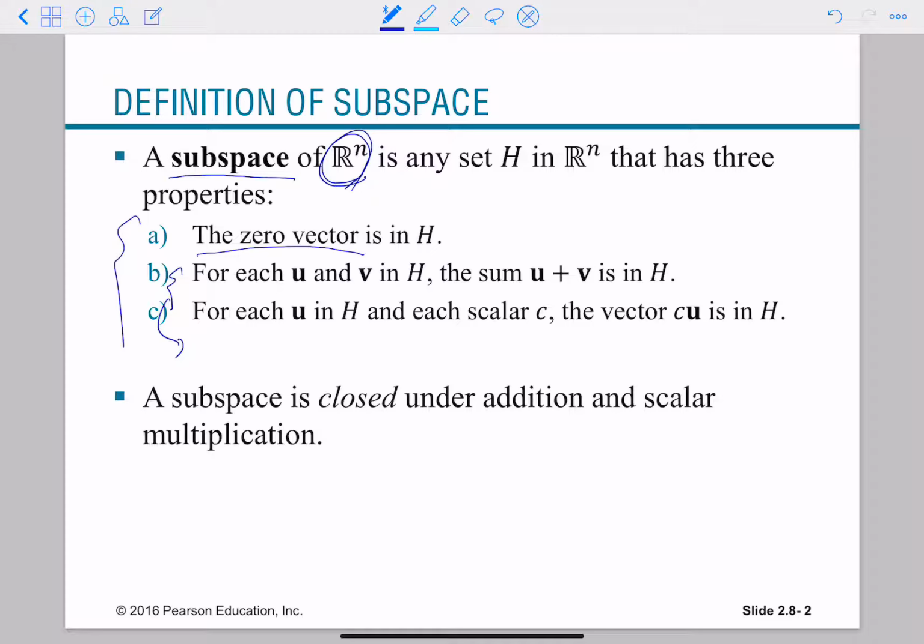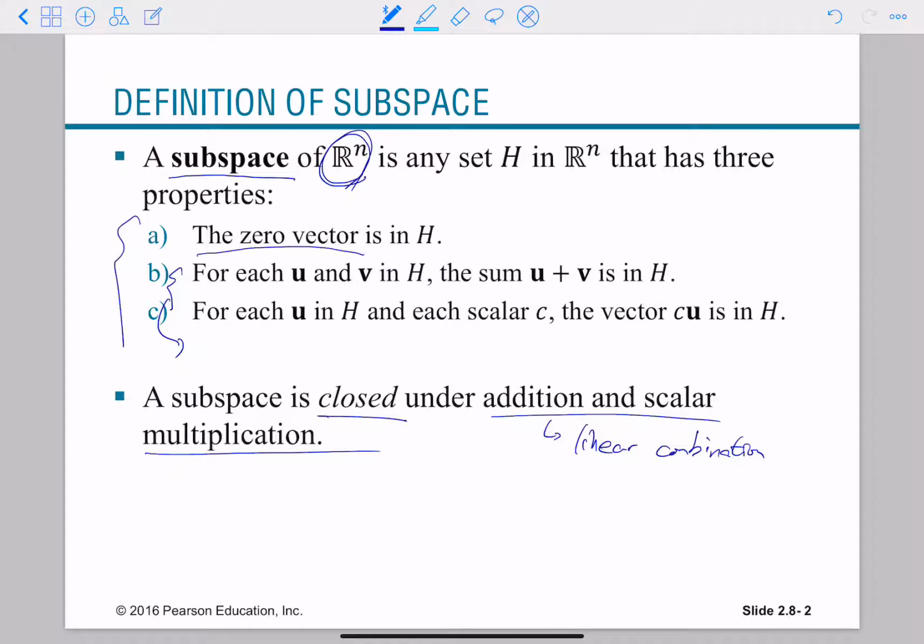The second and third conditions are equivalent to saying that this subspace should be closed under linear combinations, that is, closed under addition and scalar multiplication.